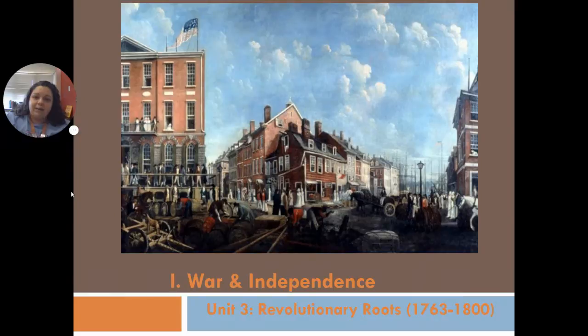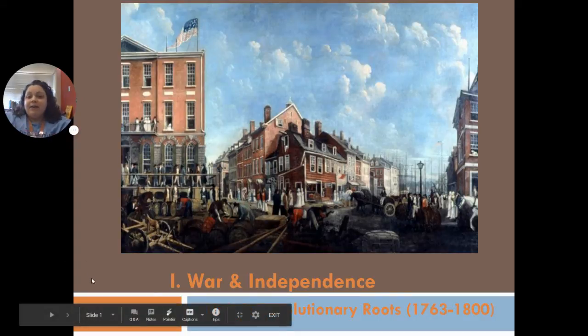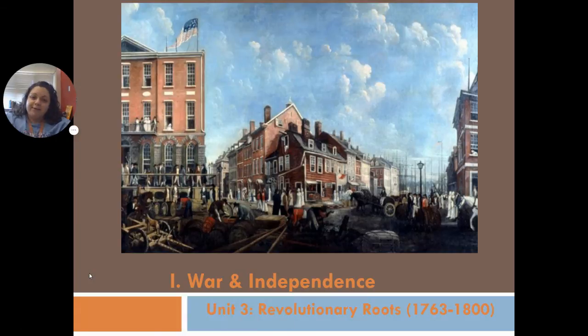So with this lecture today, I'm going to take you through the American Revolution, mainly the causes and a lot of the events that took place at the beginning of the revolution, and basically setting the foundation for what now can be called the United States of America.